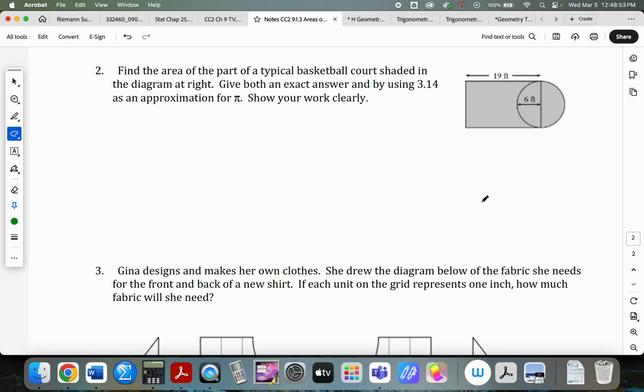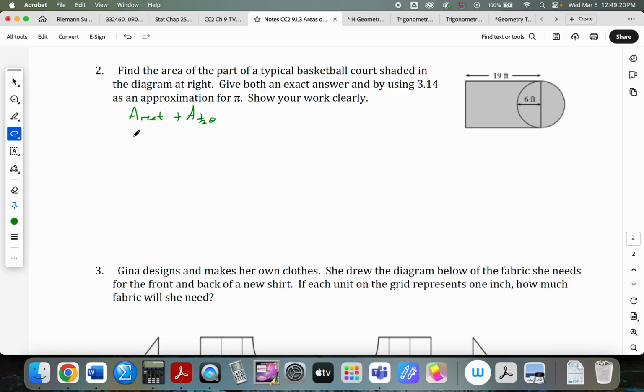Clearly there's no subtracting on this one because there's nothing that's not shaded. But what two things do I need to add the areas of together? Half the circle, right? And the rectangle. So I need the area of the rectangle plus the area of half of a circle.